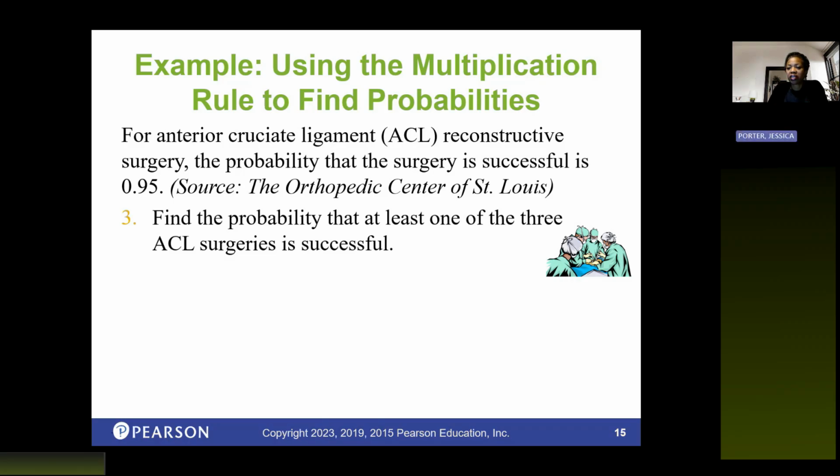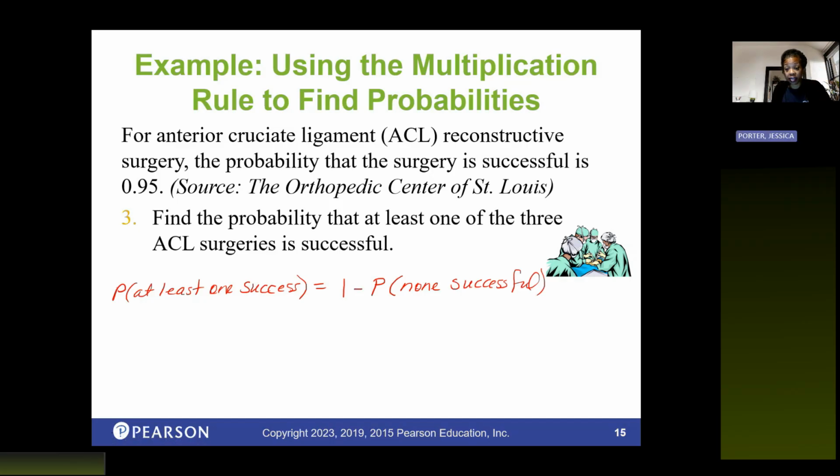So the probability that at least one is successful is going to be 1 minus the probability that none are successful. Let that sink in.